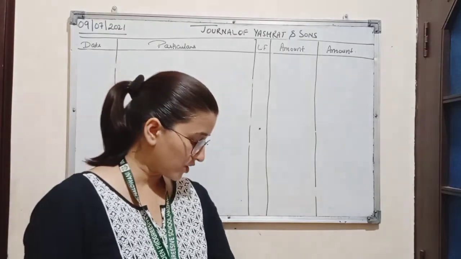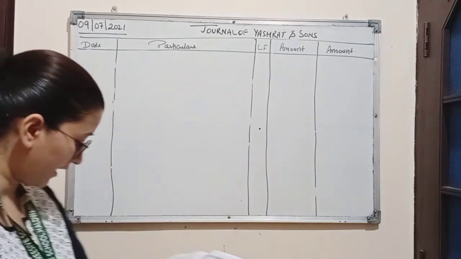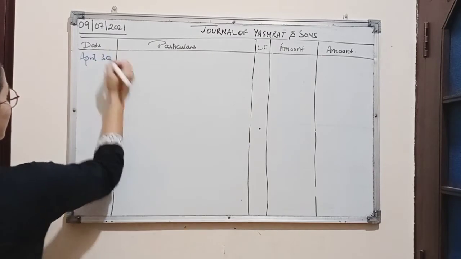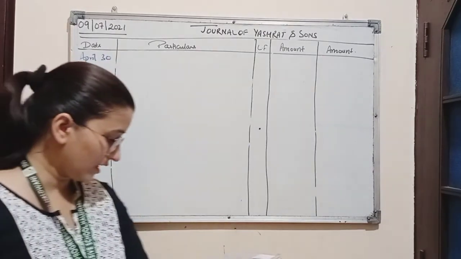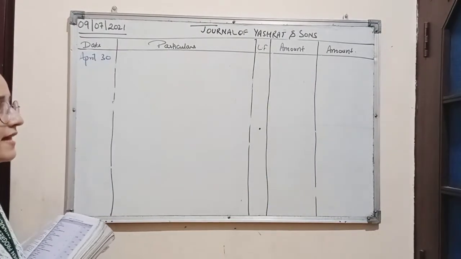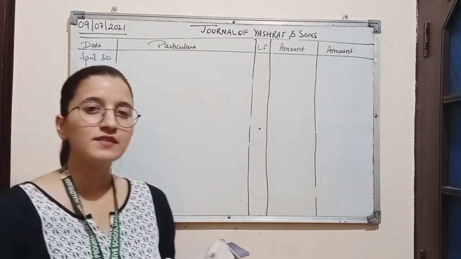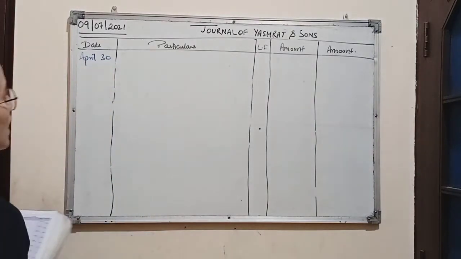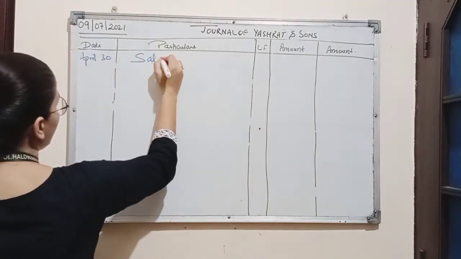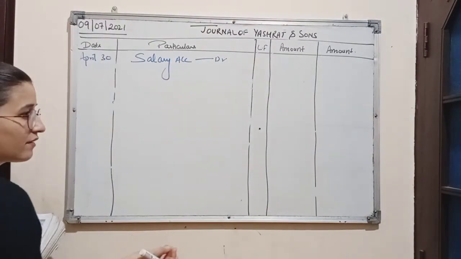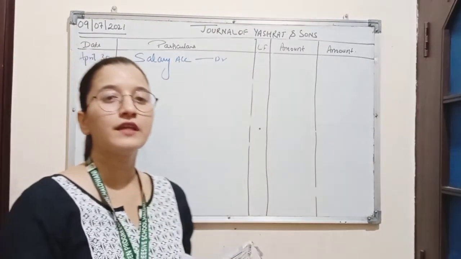Now next transaction is on 30th April. April 30. And the transaction is paid salary to Gopal. Now salary is also an expense. Expenses are always debited according to the rule of nominal account. So we will debit salary account, and salaries are paid in the form of cash.